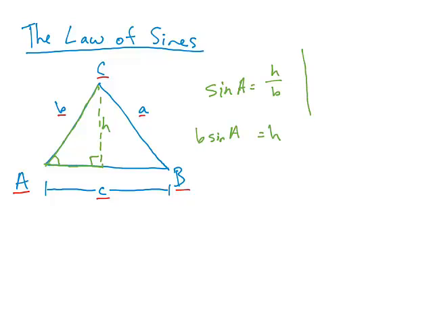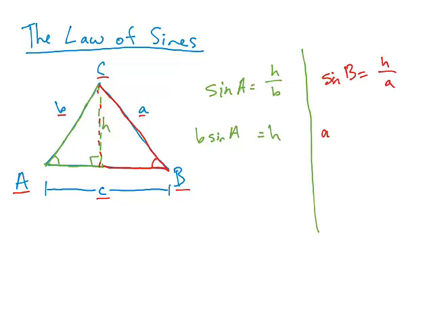And then what I can do on the right hand side of this triangle, let's draw that better. So using this same altitude and this angle down here, angle B, I can say, well, sine B is equal to the opposite over hypotenuse. So the opposite side is h, the hypotenuse is a.